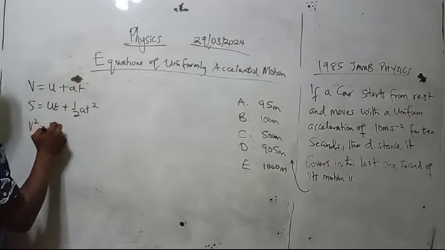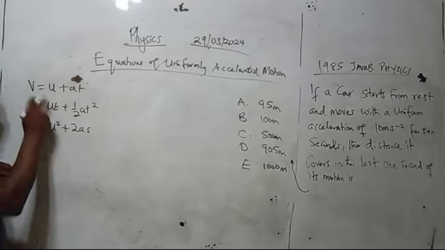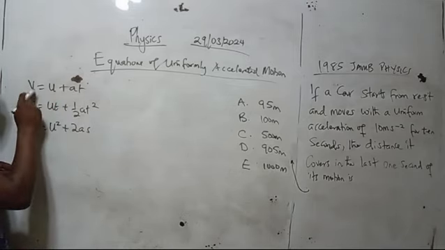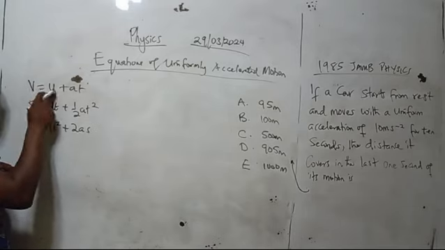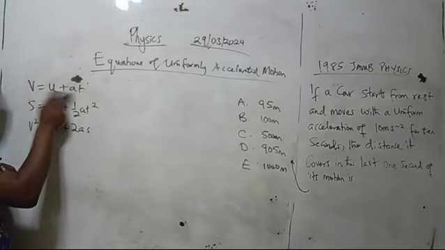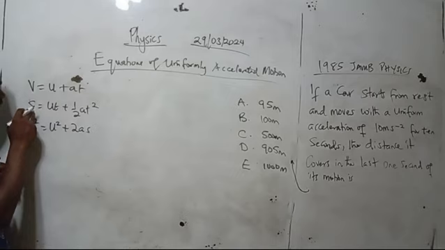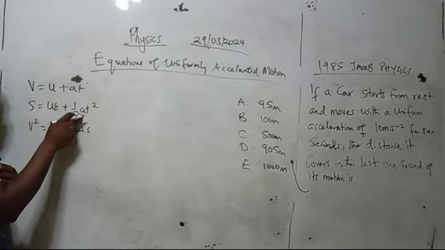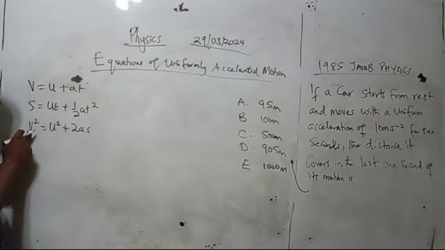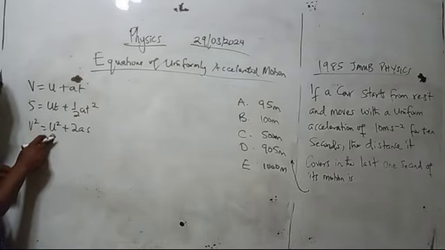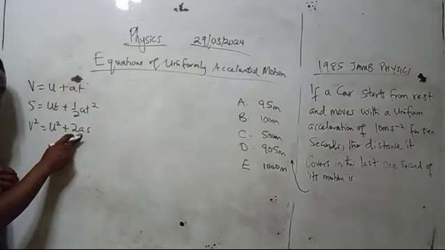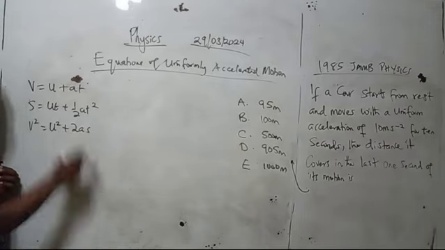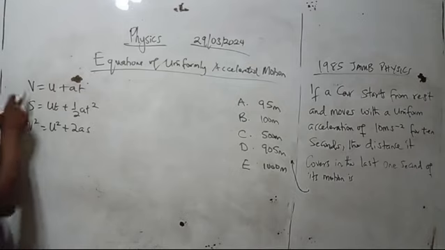These two have final velocities. This one has time, initial velocity, and final velocity, but there's no distance. This one has distance, initial velocity, time, acceleration. This one has final velocity, initial velocity, acceleration, distance, but no time. So out of these three equations, the one we use to solve this question is this one.